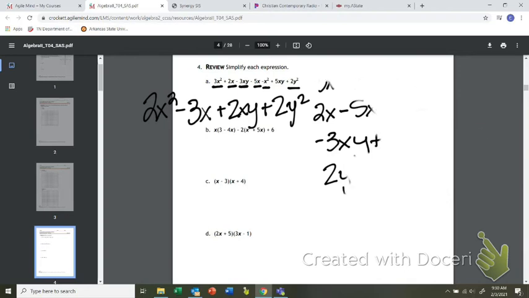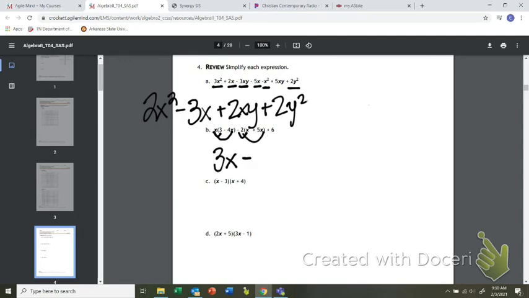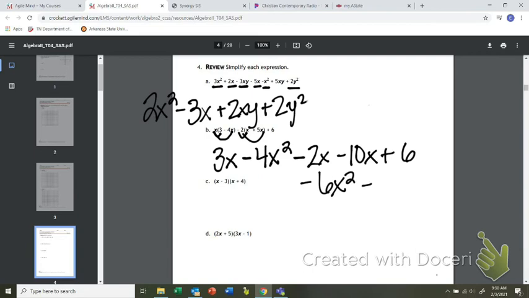All right, on the next one, remember we have to distribute to both sides. So we've got 3x minus 4x squared minus 2x minus 10x plus 6. Combine like terms and we get negative 6x squared minus 7x plus 6.